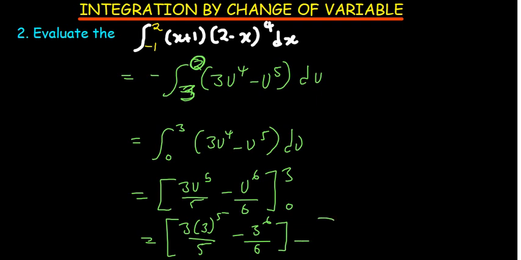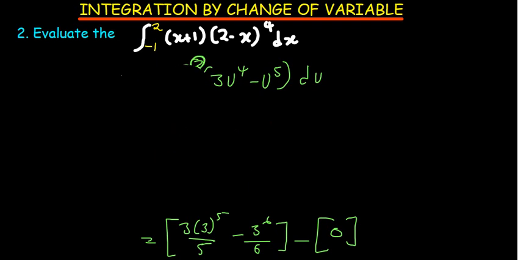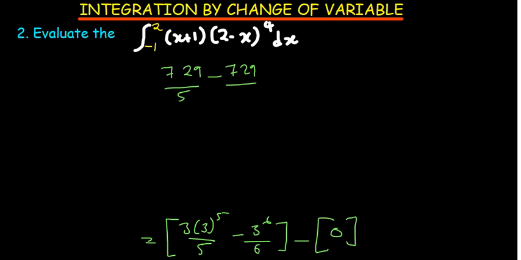We're supposed to say minus, we substitute the lower limit, but if you substitute the lower limit, everything will give us a 0. So actually there's even no need of doing that. Okay, so from this point we'll simply get to simplify 3 to the power 5, that is 243, and we're multiplying that by a 3 which is in front there, which is 729 over 5, then minus 3 to the power 6, that is 729 over 6.